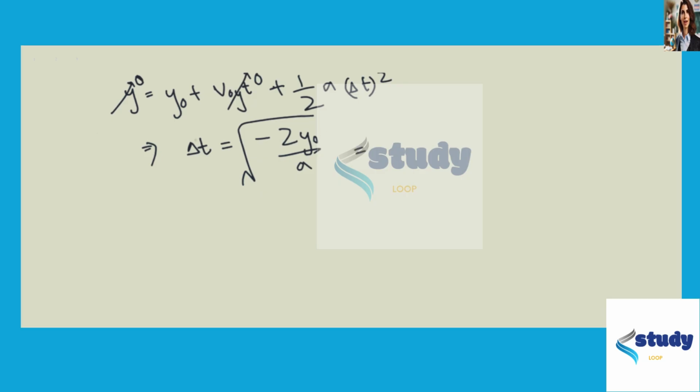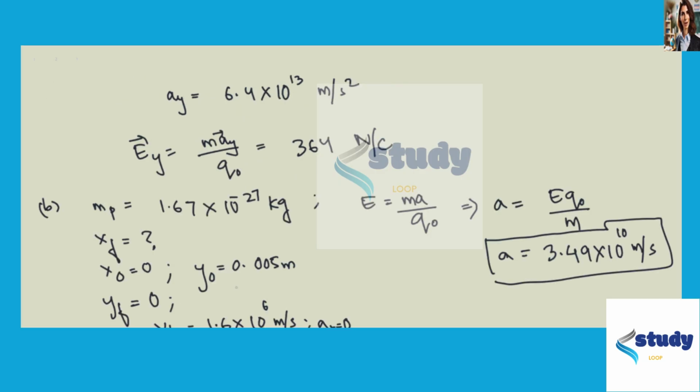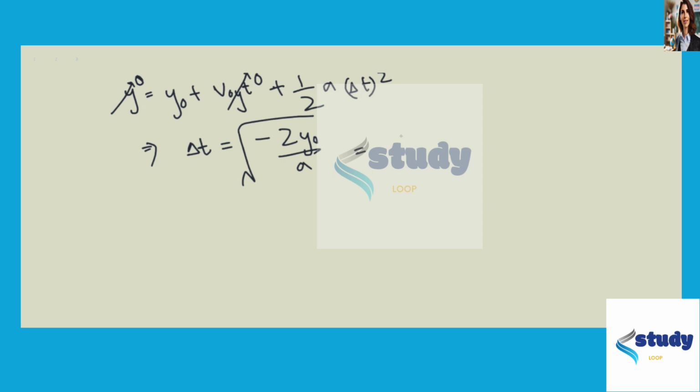which gives time to be equal to the square root of negative 2 y naught over a. Now since y naught is negative, time will come out to be real. Solving this, we get time to be equal to 5.35 times 10 to the power minus 7 seconds.